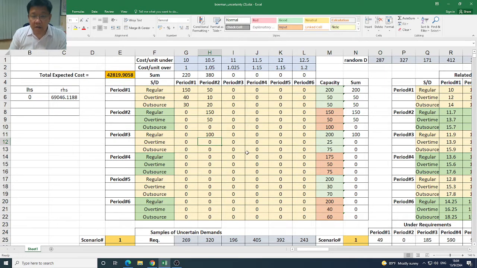In this one you might use 200, and 25 here.